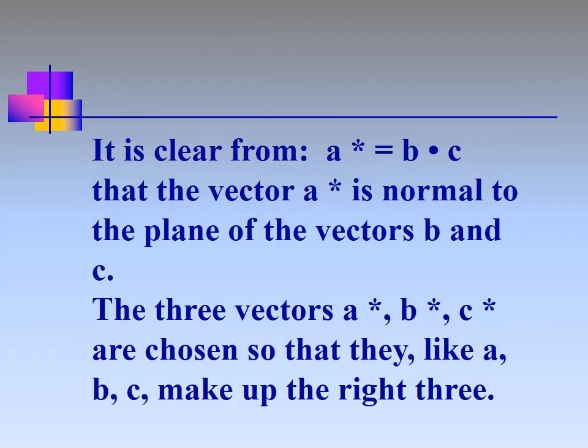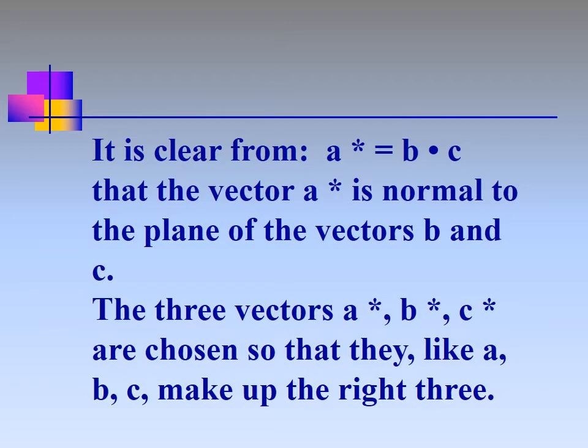It's clear that if a star is equal to b multiplied by c, the vector a star is normal to the plane of the vectors b and c.